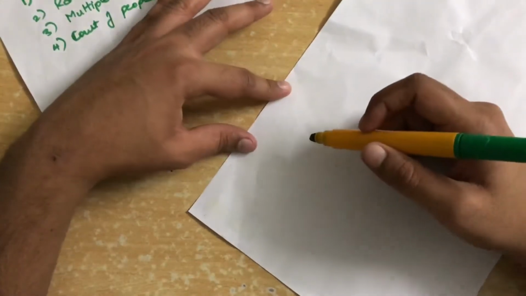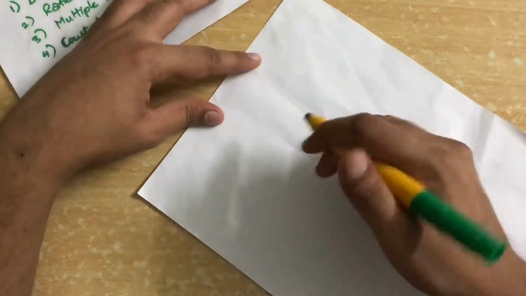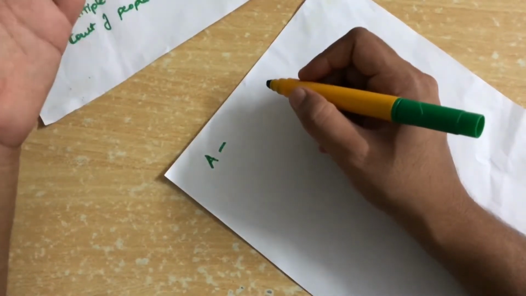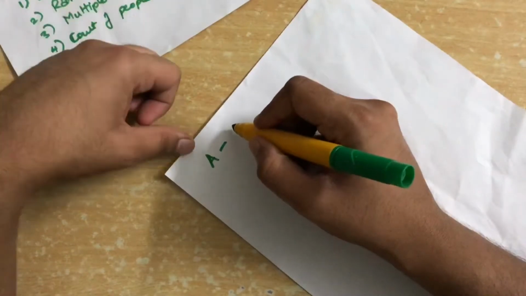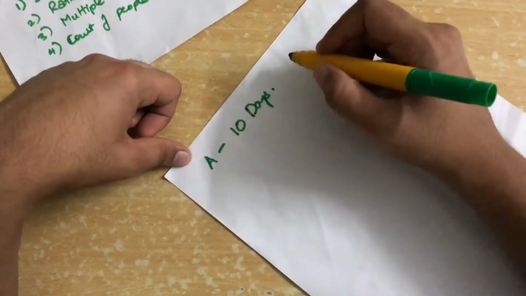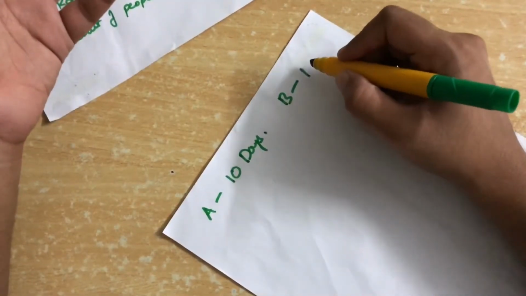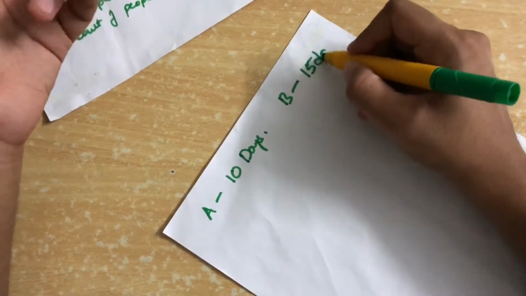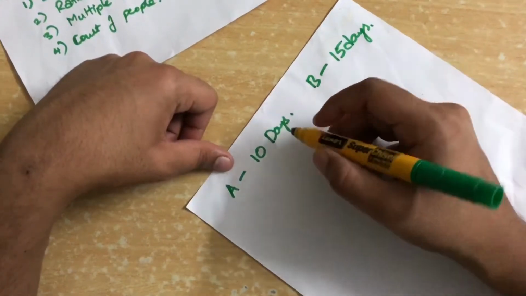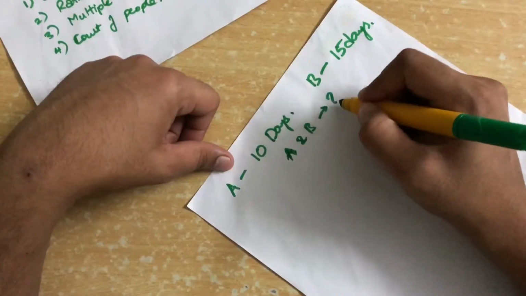So the first example that I would like to give you in this category is, let's say there is a person A who can complete a piece of work in, say, 10 days, and there is a person B who can complete the same piece of work in 15 days. So how much time would it take for both A and B if they worked together?